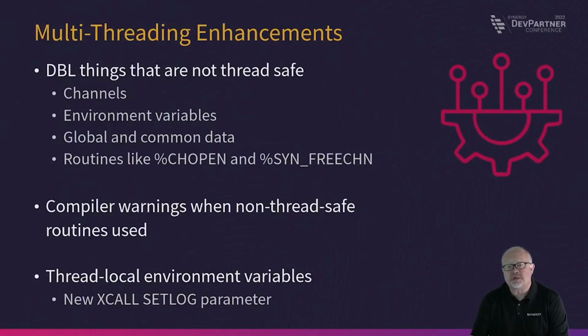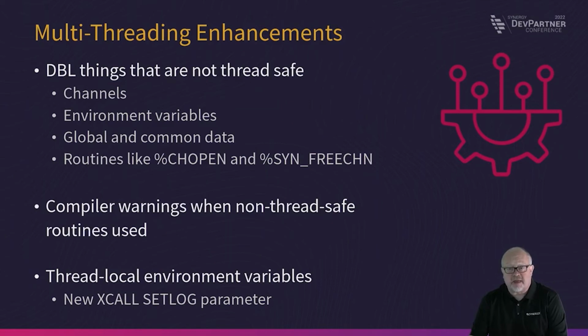We're also hoping to do some work to make it easier to operate DBL code in multi-threaded environments. For example, when calling existing older traditional Synergy code in .NET. Right now, as many of you will already know, there are several things in DBL that don't play too well in multi-threaded applications. These are not necessarily a problem, so long as you understand how things work and avoid doing certain things.